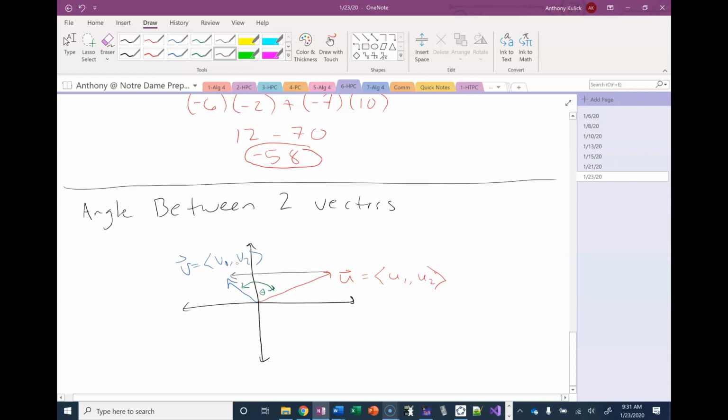The question becomes, what should the name of that vector be? This vector should be v minus u. Okay, why?